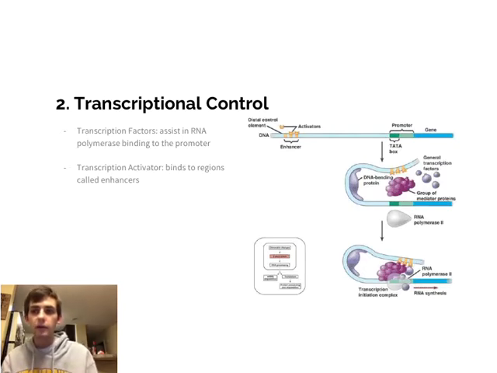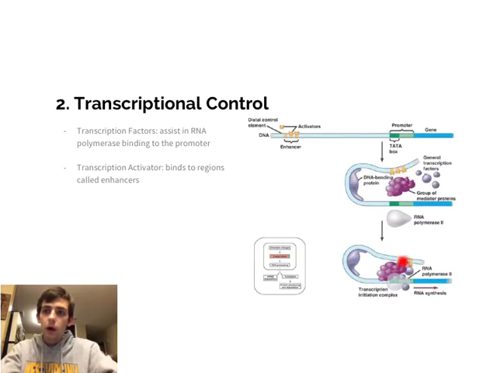Once that RNA polymerase binds to the promoter region, like you can see here, we then have these transcription activators, which are these little yellow structures that attach to these areas called enhancers. When that happens, the activators on the enhancer side bend over and reach where we have the promoter region.